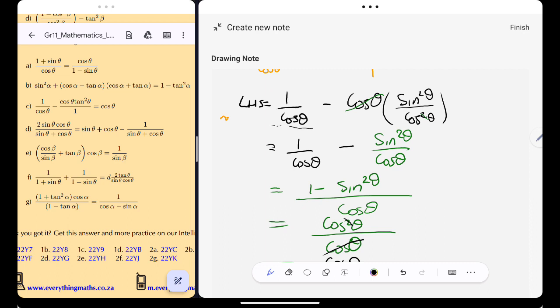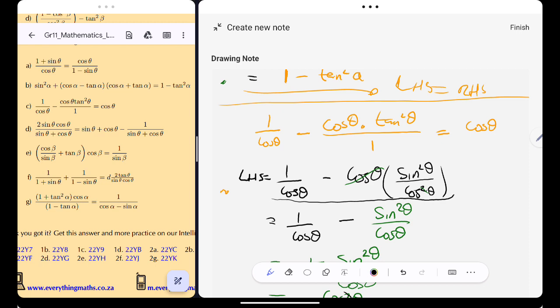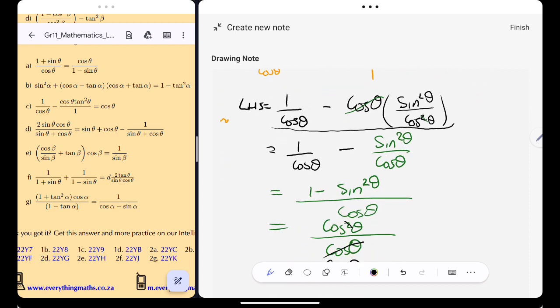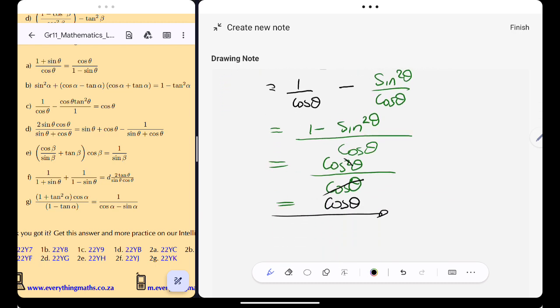Here there were no square identities, so I skipped that step, and then I went for the third step, whereby I changed everything into sine and cos. I changed my tan squared theta into sine squared theta over cos squared theta, and then they cancelled. I was left with 1 over cos minus sine squared theta over cos. Then I subtracted the fractions, and then I found the solution.